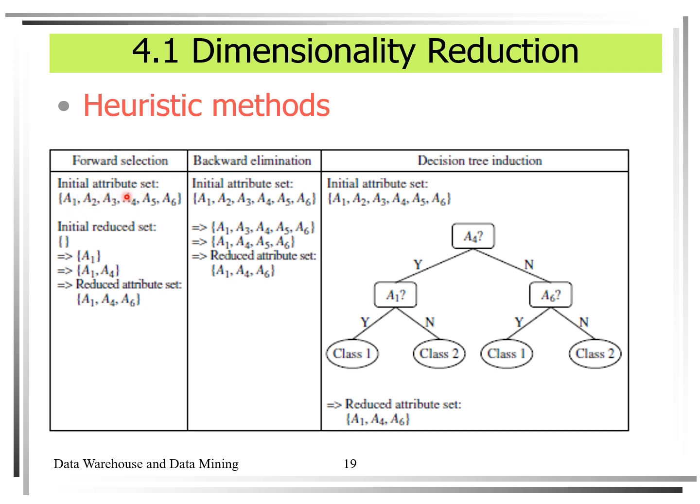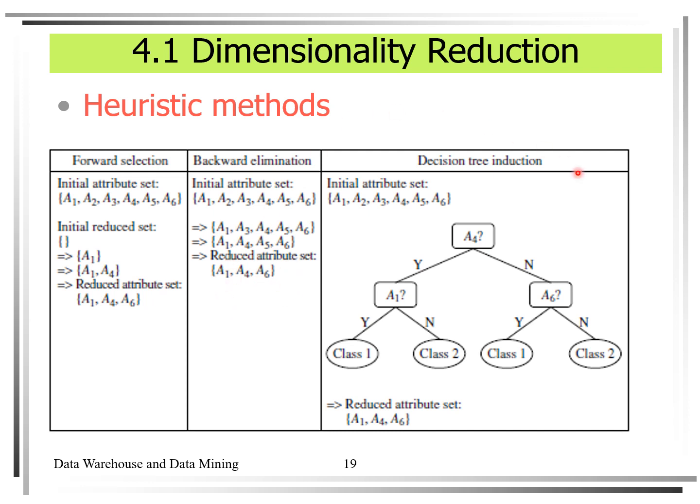So this is the initial attribute set. For forward selection, we start with an empty set, then we add the best, and then the best from the remaining, and we continue until we have the reduced attribute set. For backward elimination, we start with the whole set and eliminate the worst until we arrive at the best set.